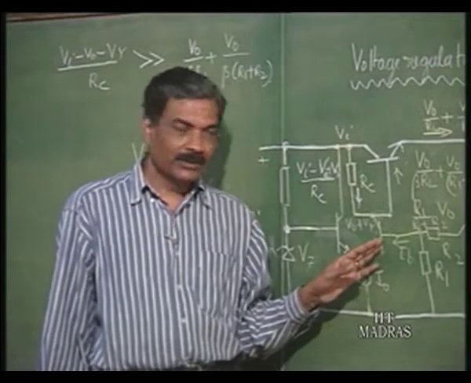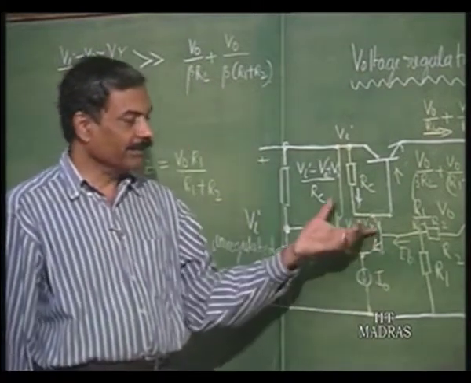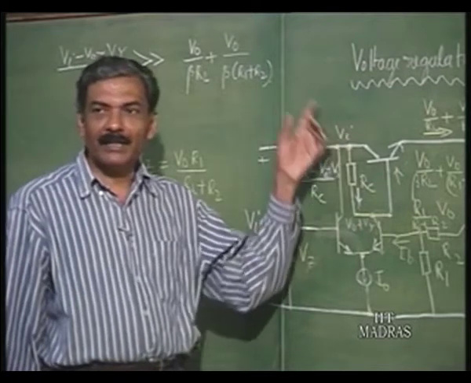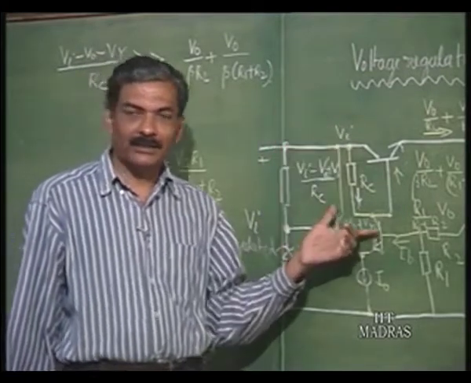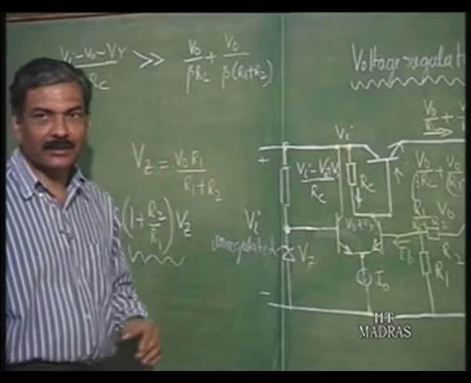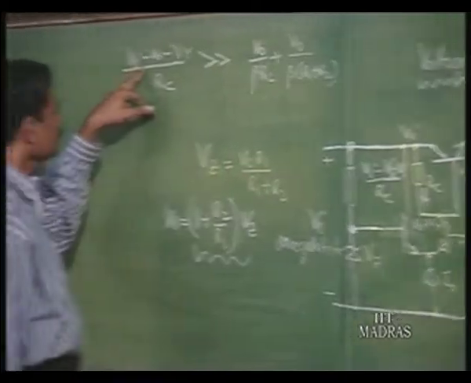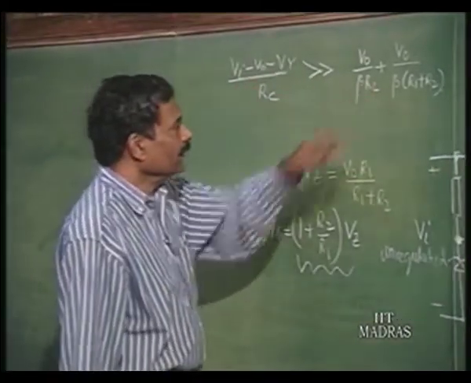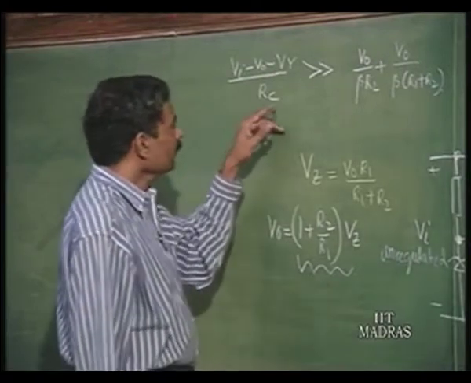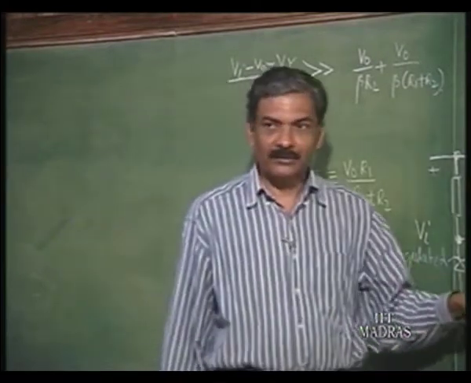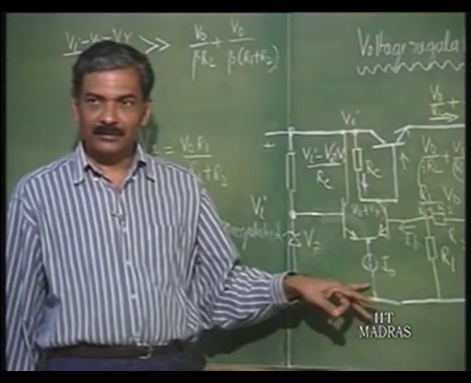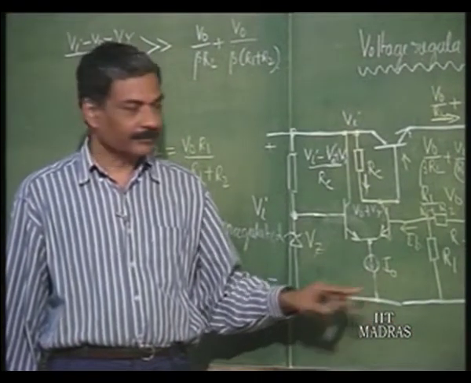So, because of this limitation itself, we will have a V I max and V I minimum that we can determine from these equations. So, this current should be much greater than this, and it should be less than I naught. This is the requirement.